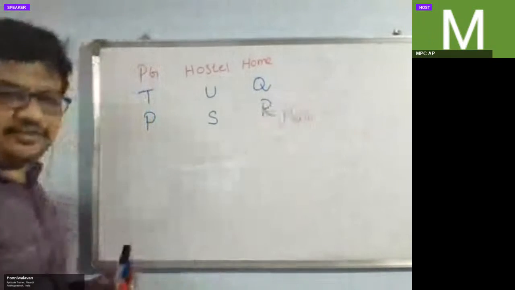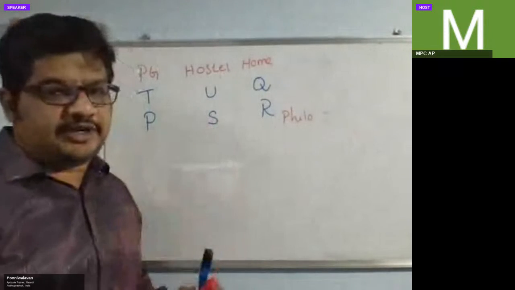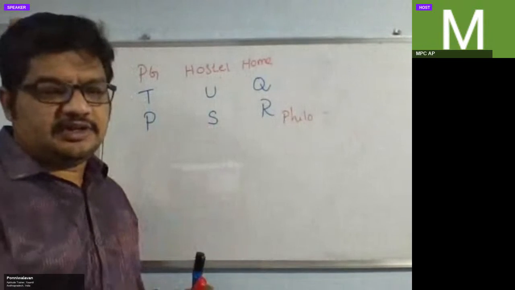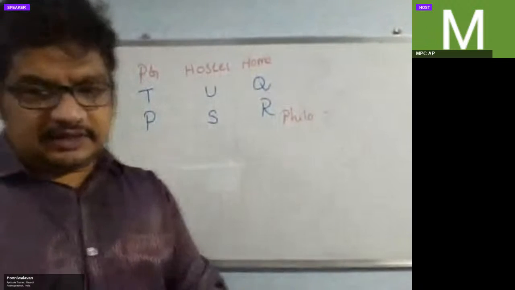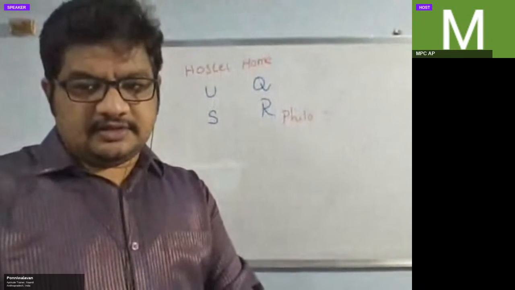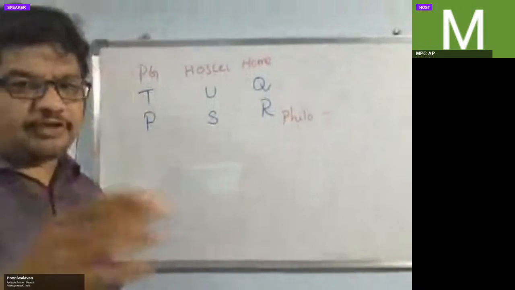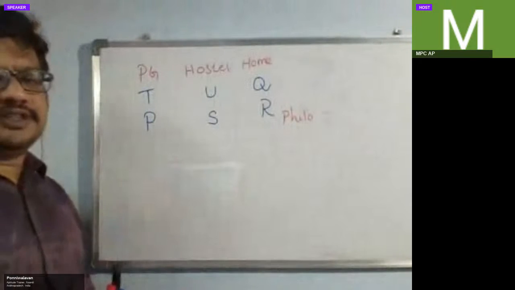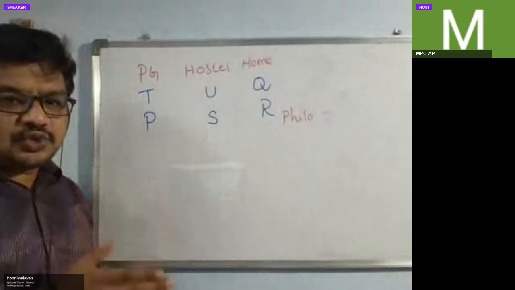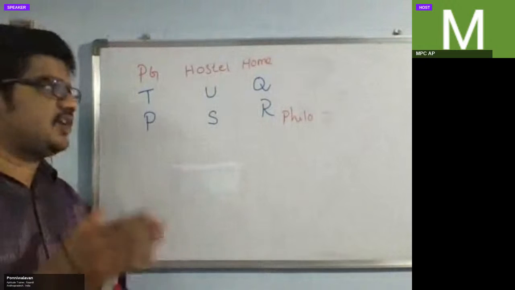Okay, philosophy. Now cut the first point and last point. Now wait. Only the fourth and fifth points are remaining. The students studying statistics and history do not stay as PG.